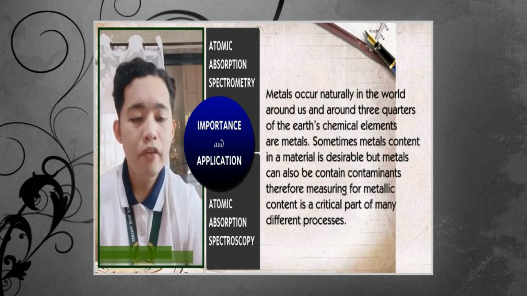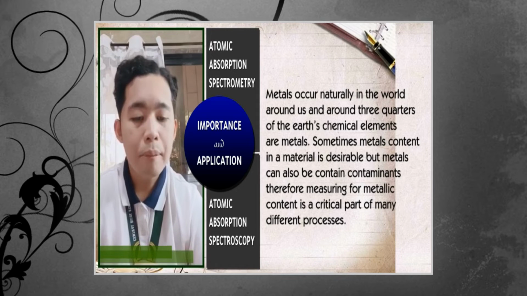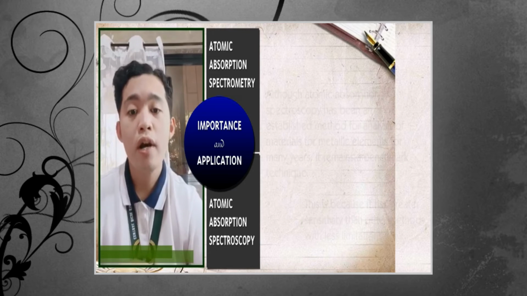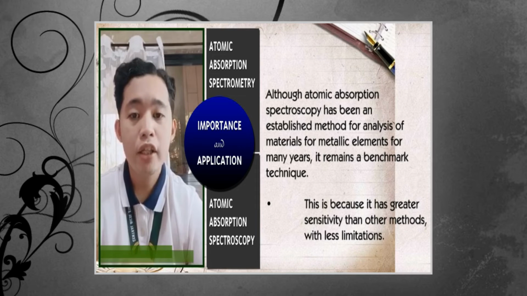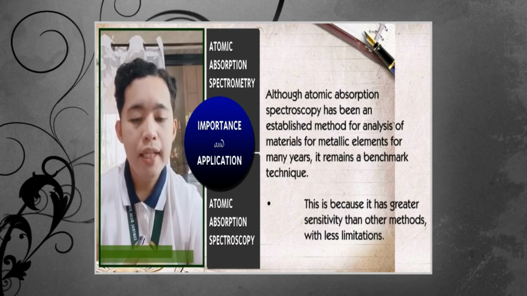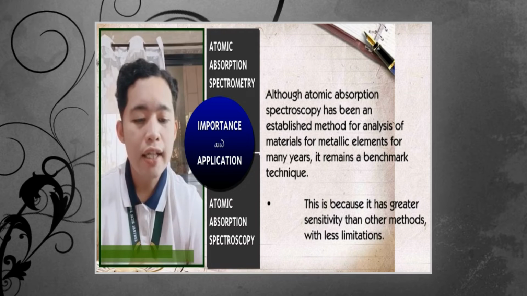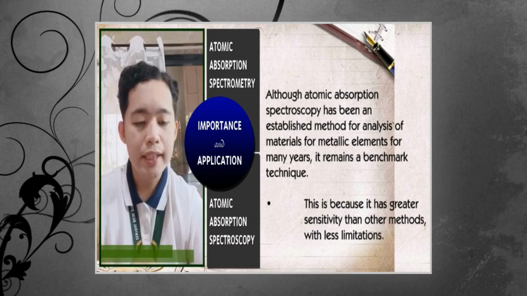Therefore, measuring for metallic content is a critical part of many different processes. Although atomic absorption spectroscopy has been an established method for analysis of materials for metallic elements for many years, it remains a benchmark technique.